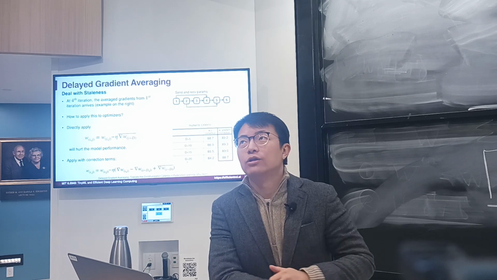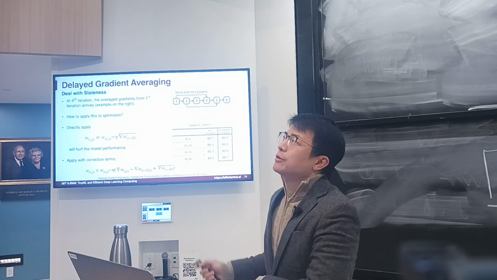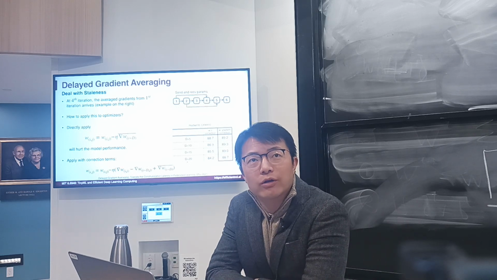So the learning rate will scale with the batch size, and usually we will have more nodes. You have a larger batch size, so the learning rate definitely needs to scale accordingly.